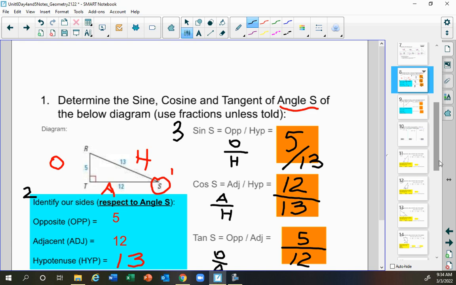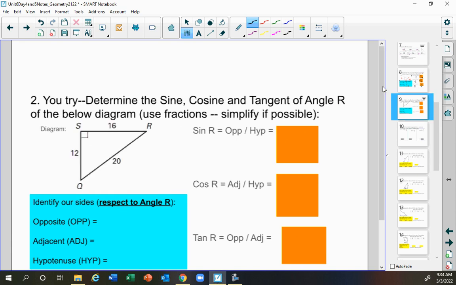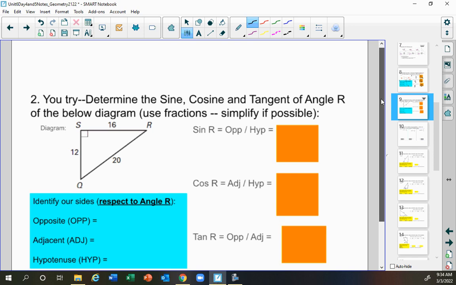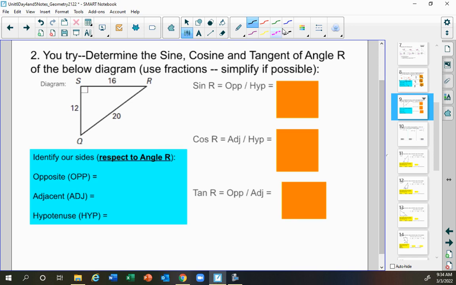All right, we'll do another one that's just like this. I want you to try this one. So angle R. So again, where's angle R? Which one's angle R? Corner, bottom, or right?